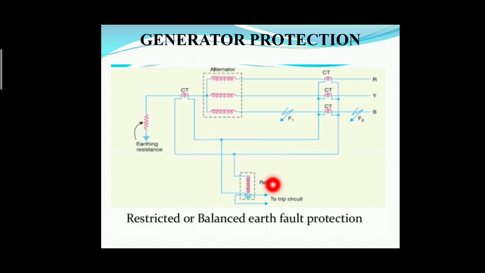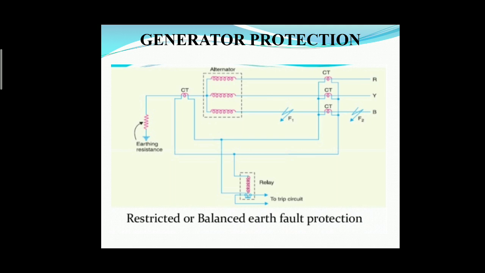When the fault occurs in the protected zone, the fault current flows through the primary of the current transformer, and the corresponding secondary current flows through the relay, which trips the circuit.